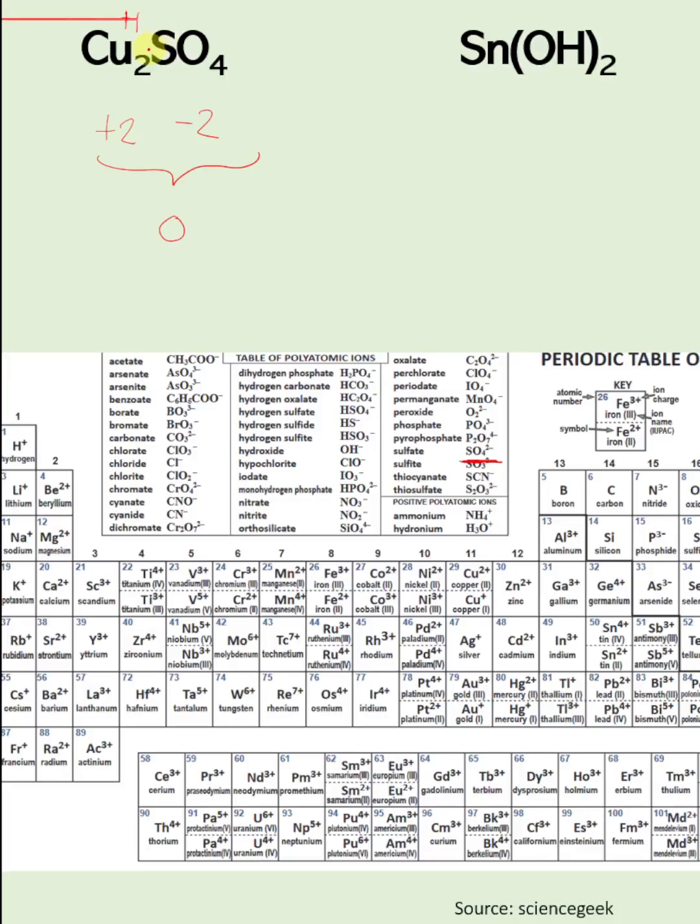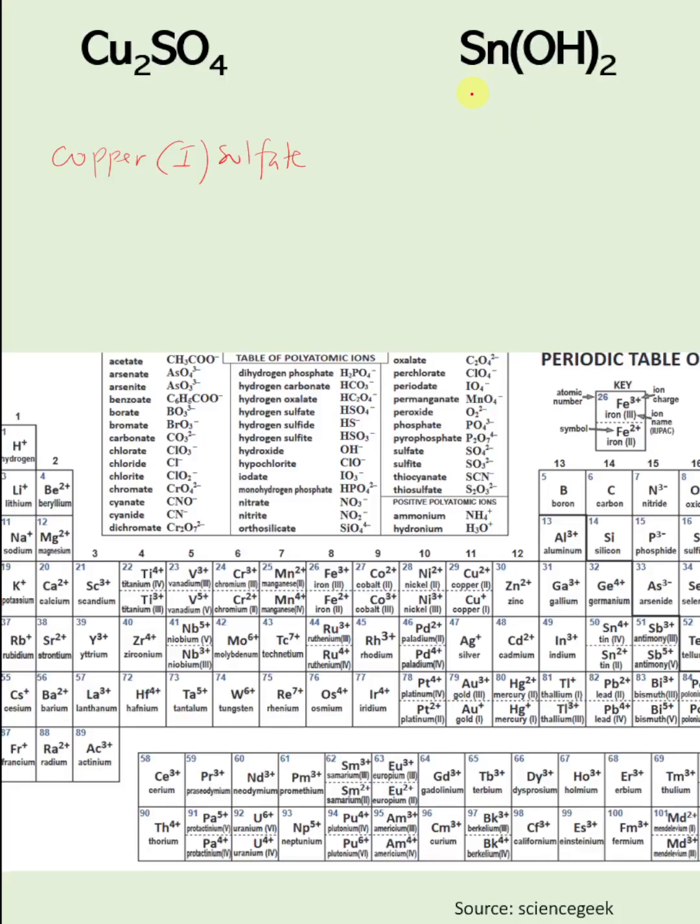So the charge of the copper here is positive 1. So this one will be copper 1 sulfate. Again, the 1 is the charge of the copper in this compound.